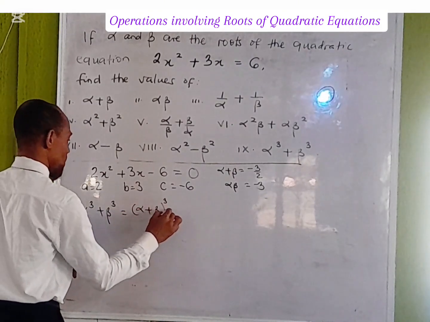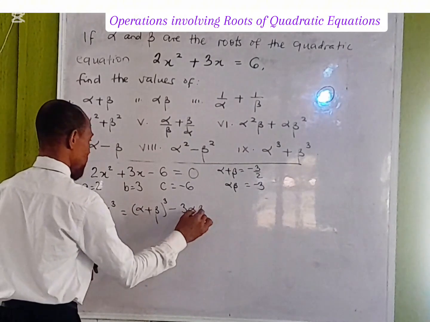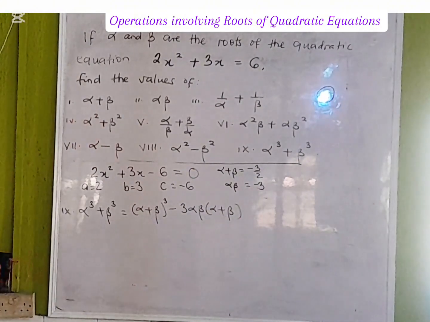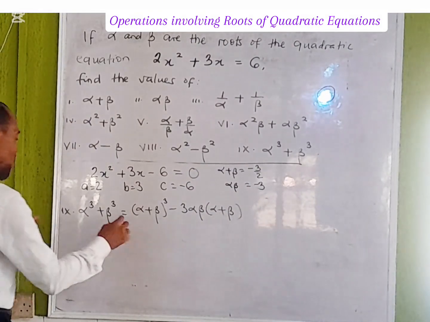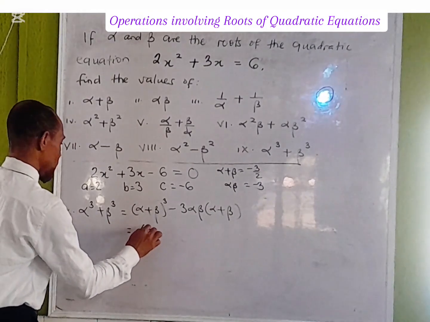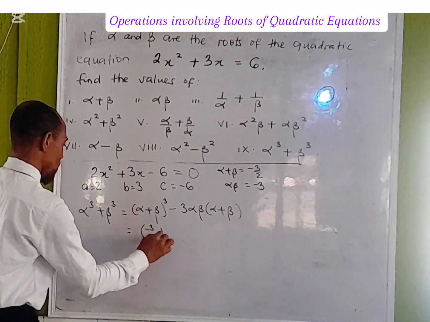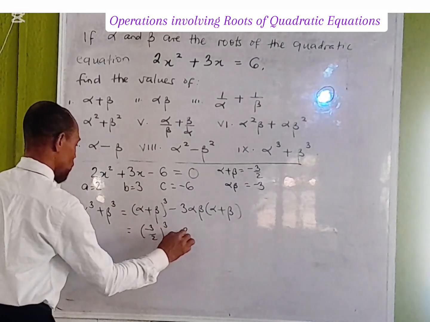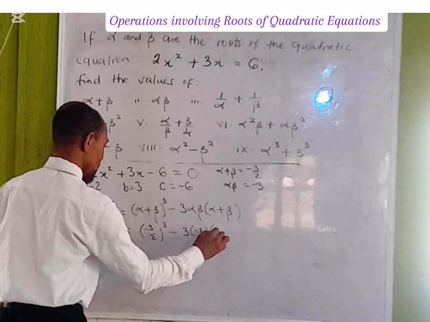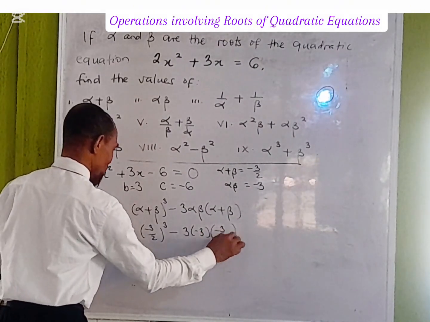This is alpha plus beta all cube, minus 3 alpha beta bracket alpha plus beta. So all we need to do is to slot in the values. So alpha plus beta all cube, we have minus 3 over 2 all cube, minus 3 times alpha beta, which is minus 3, times alpha plus beta again, minus 3 over 2.